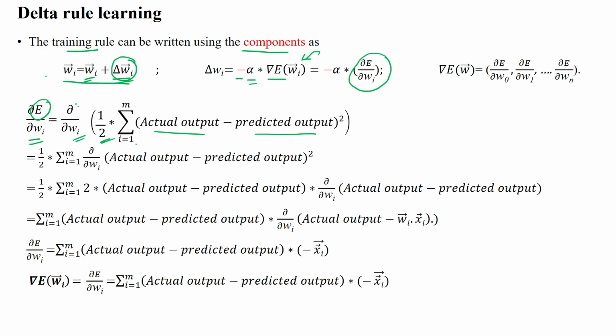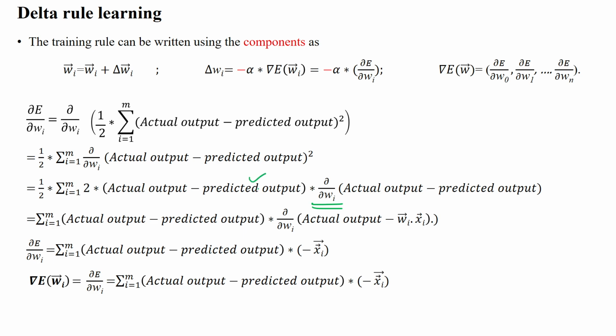Now when you are applying the partial derivative with respect to wi, we can transfer this partial derivative to these two terms, so we are rewriting this equation. Then we apply the partial derivative over this term: 2 into actual output minus predicted output, into, again the partial derivative, first with respect to the exponentiation, then with respect to the variables.